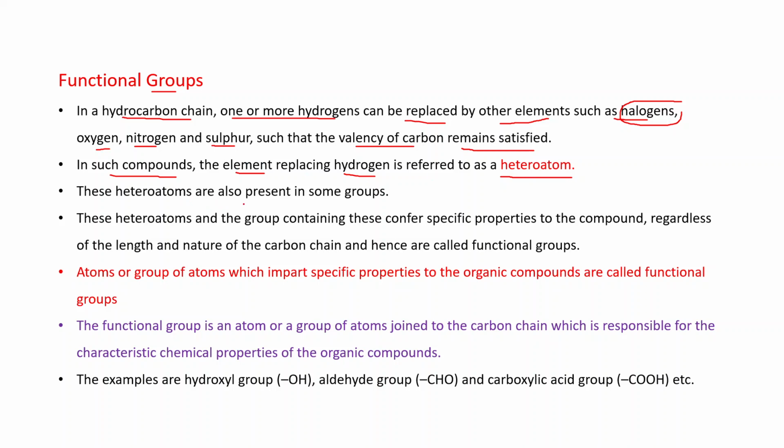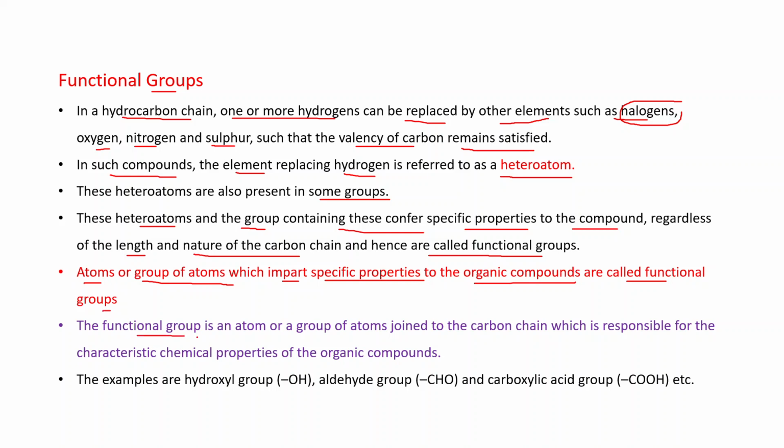These heteroatoms are also present in some groups. These heteroatoms and the groups containing them confer specific properties to the compound regardless of the length and nature of the carbon chain, and hence are called functional groups. We can also say atoms or groups of atoms which impart specific properties to organic compounds are called functional groups.